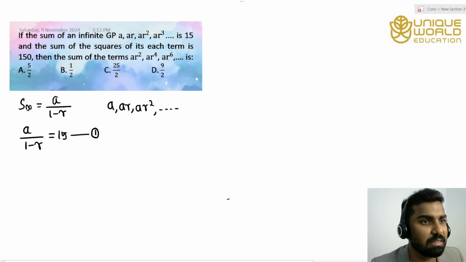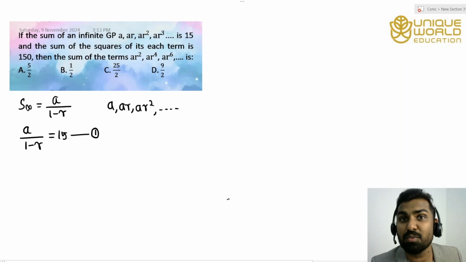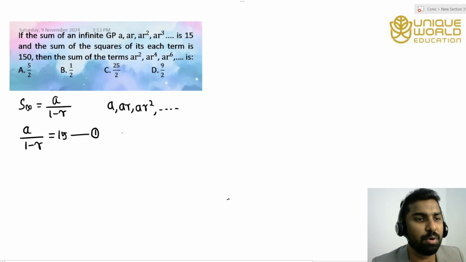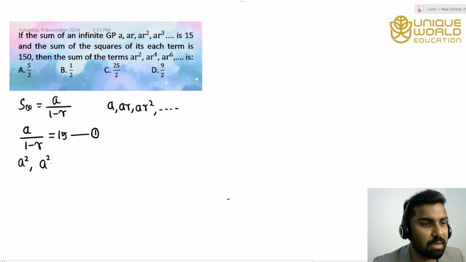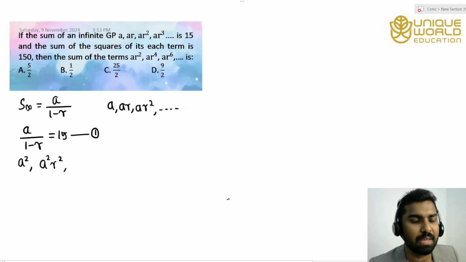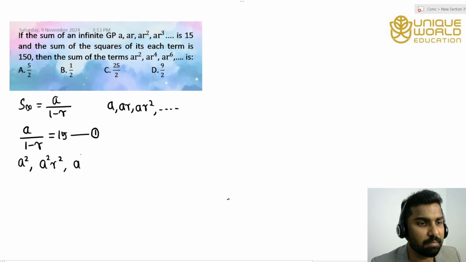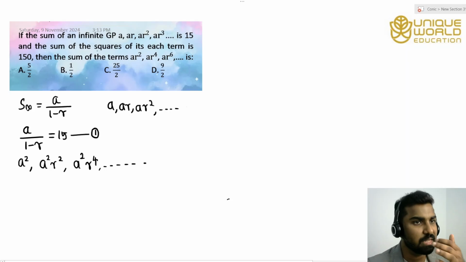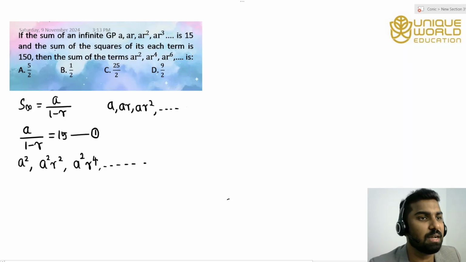Now the next thing given is the sum of the squares of each term. So I square each term. The first term squared becomes a square. The second term ar squared becomes a square r square. The third term squared becomes a square r to the power 4, etc. The sum of this GP of squares is 150.